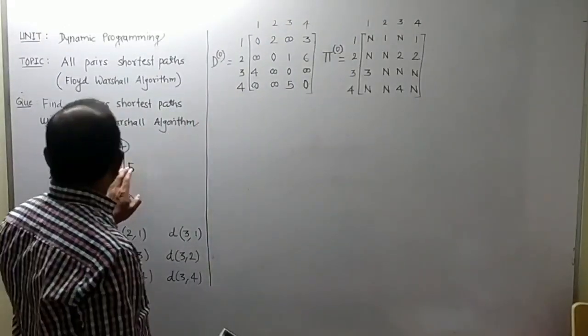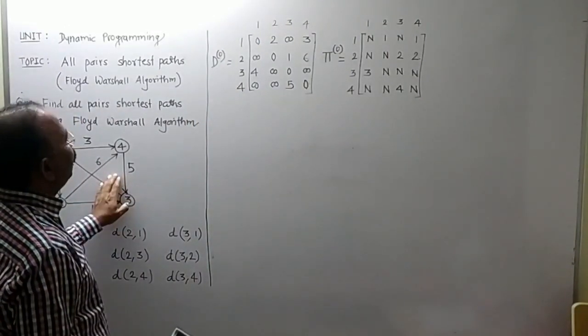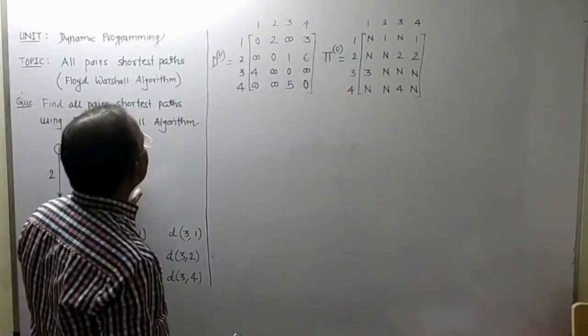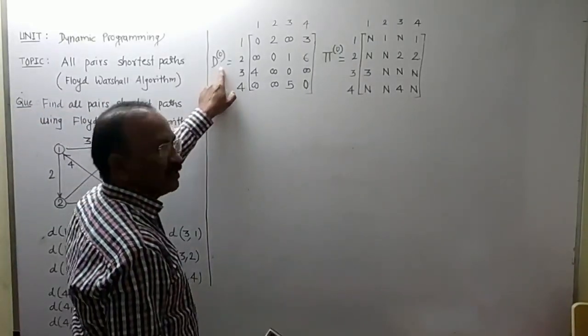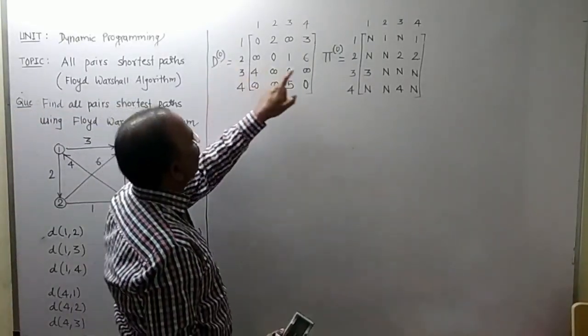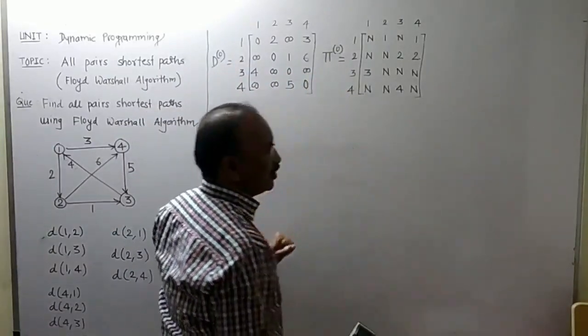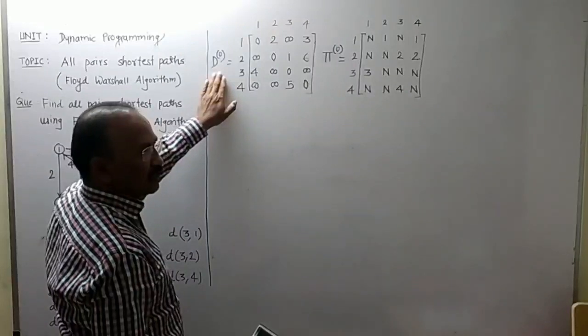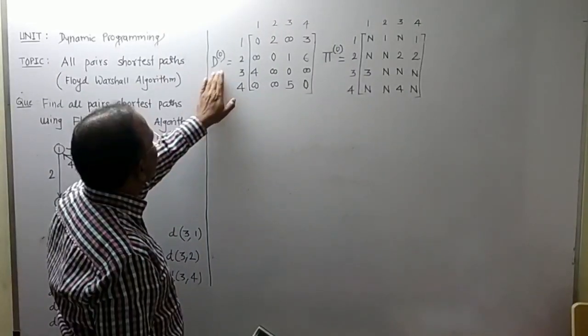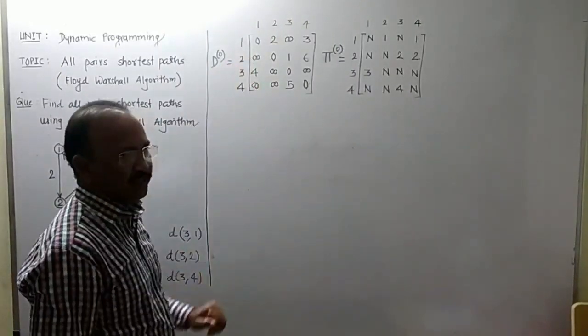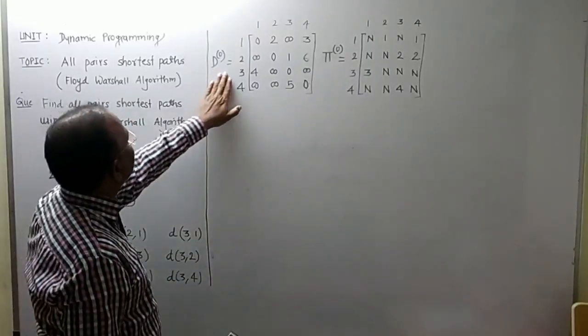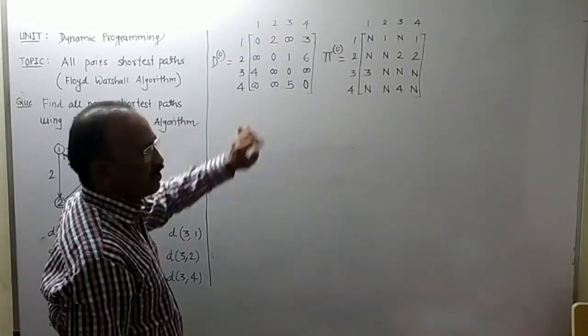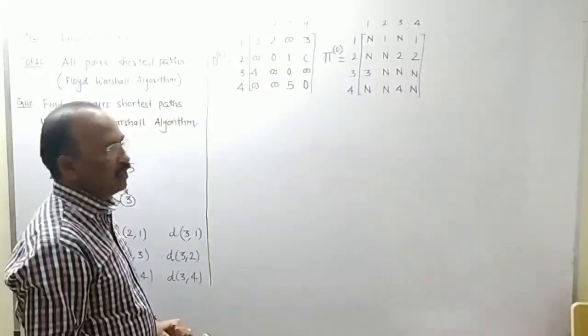Now from the given graph, first we have to find out the D0 matrix, that is the distance matrix, and the predecessor matrix. The distance matrix gives us the direct distance from source to destination, meaning the direct connection from the source to the destination vertices.